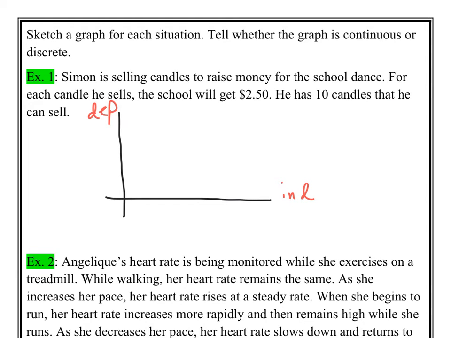So we need to put the number of candles sold on this x-axis, which this is your x-axis. And then on the y-axis here, we're going to put the amount of money the school receives.